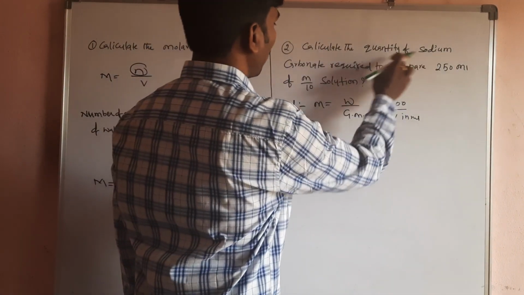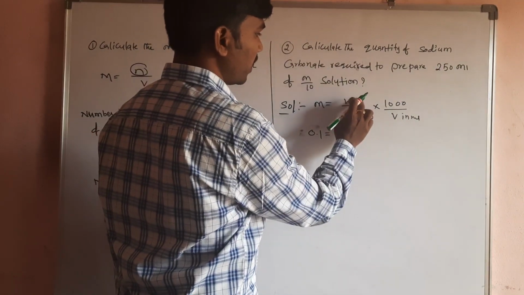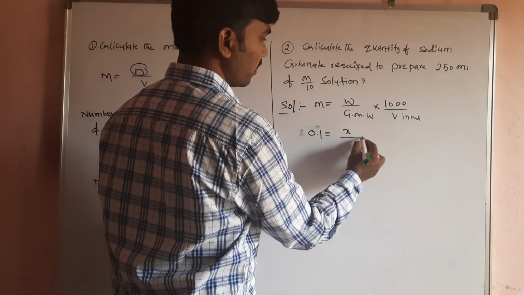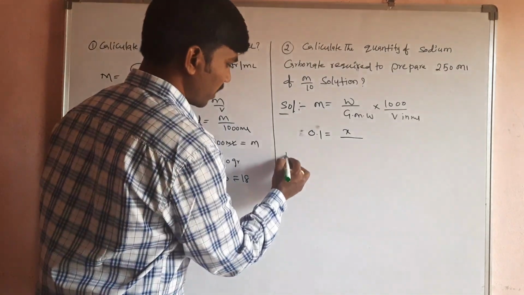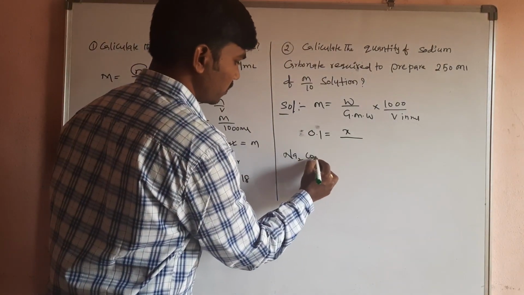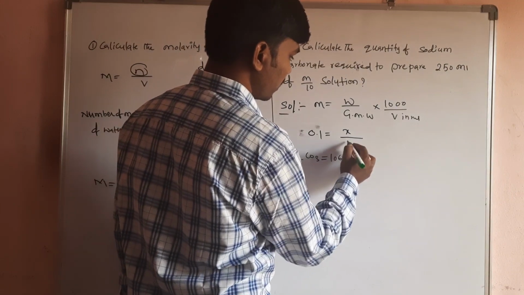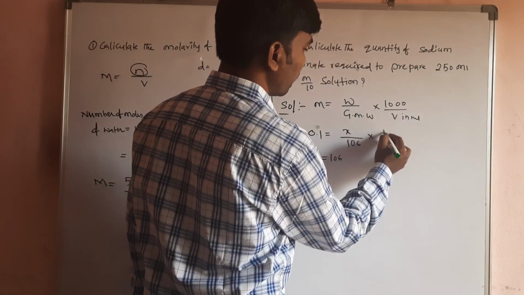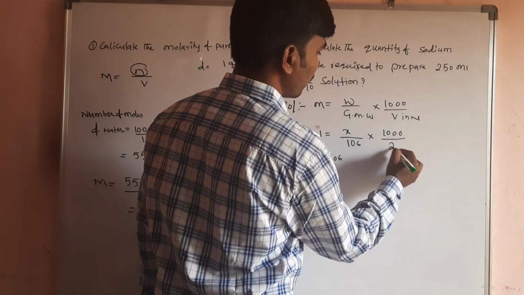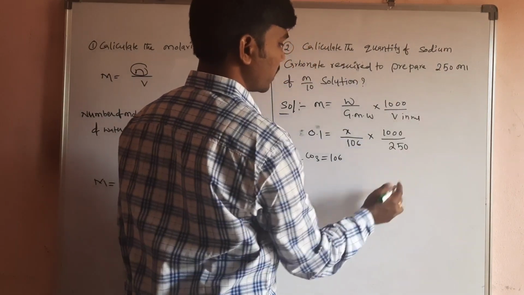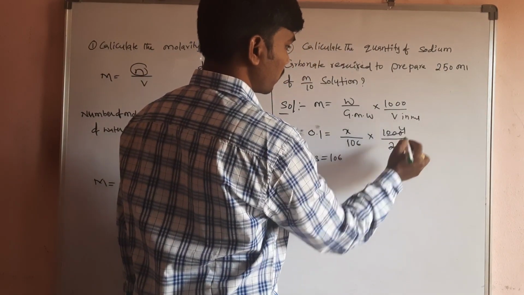They are asking for the quantity of sodium carbonate, the weight x. The gram molecular weight of sodium carbonate, Na2CO3, is 106. Substitute 106 here, and 1000 upon 250, which is 4.